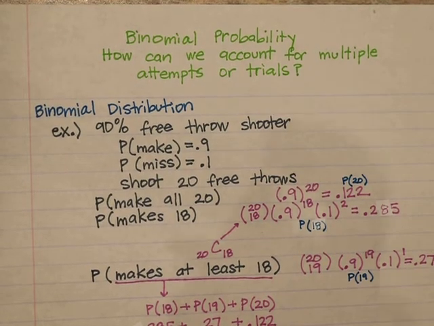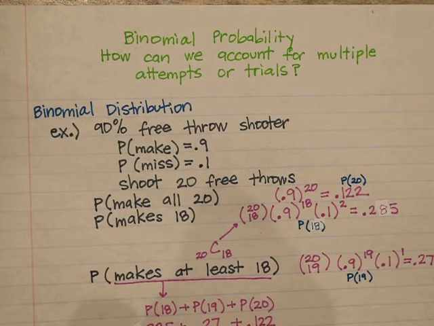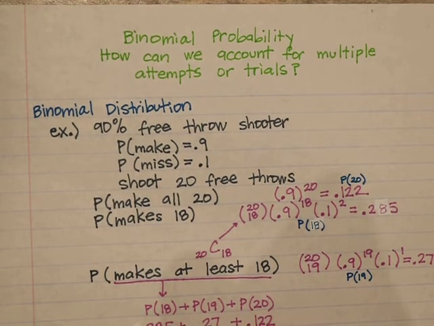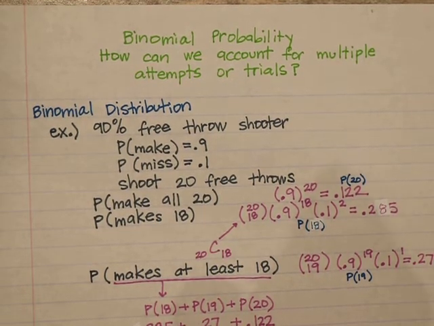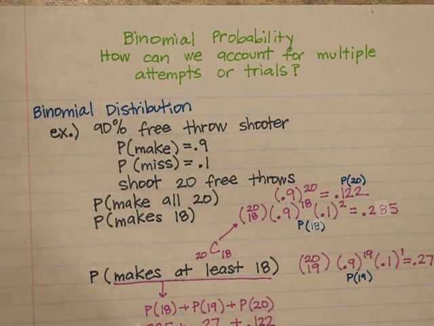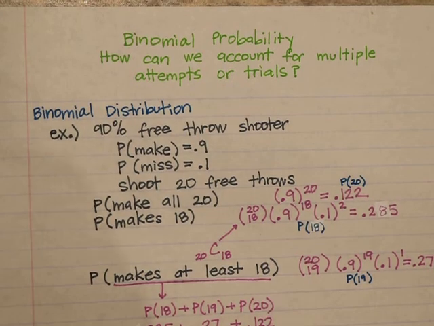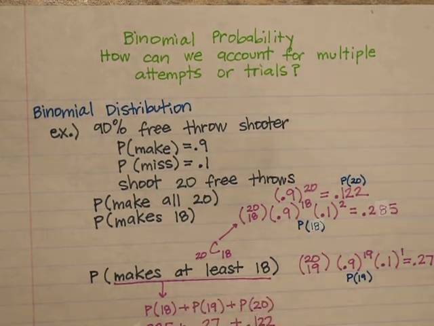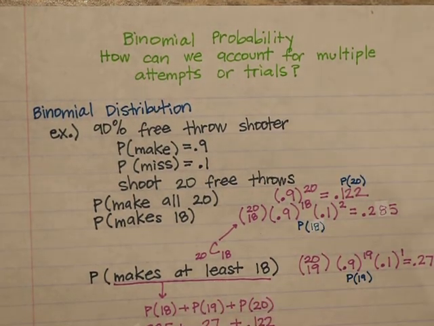What's the probability that he makes less than 18? Or at most 18? Now you could say, okay, but so I have to find the probability that he makes 0, that he makes 1, 2, 3, 4, 5, 6, 7, 8, 9, 10, 11, 12, 13, 14, 15, 16, 17. You could do that. You could also make your life easier. Making less than 18 is what we call the complement to making at least 18. He either makes 0 to 17 or 18 to 20. That's all the outcomes.